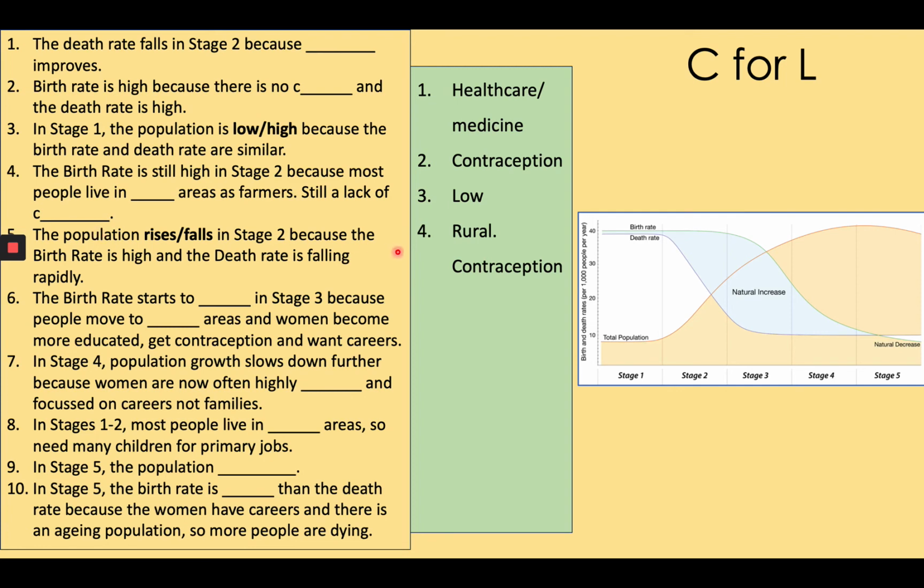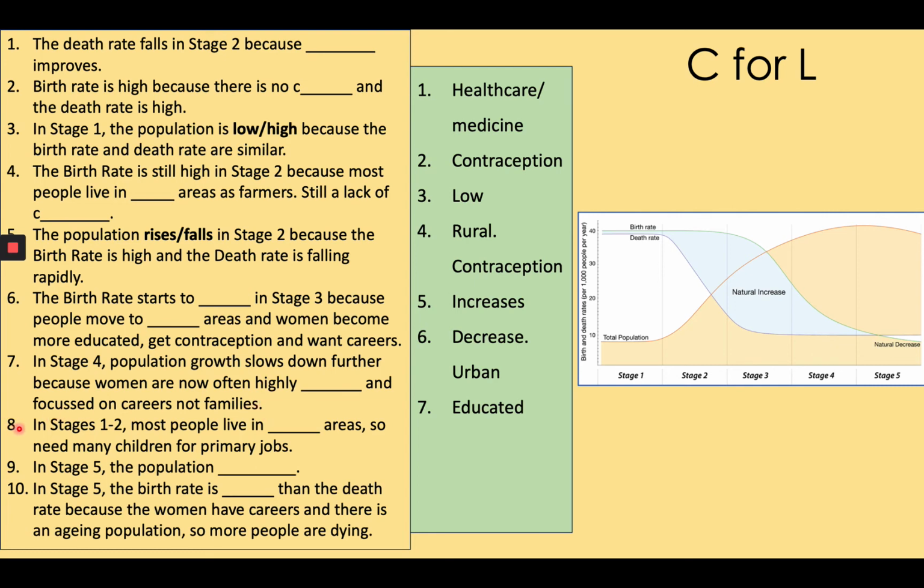Number 5. The population increases or rises in stage 2 because the birth rate is high and the death rate is falling rapidly. Number 6. The birth rate starts to decrease in stage 3 because people move to urban areas and women become more educated, get contraception and want careers. Number 7. In stage 4, population growth slows down further because women are now often highly educated or skilled and focused on careers, not families.